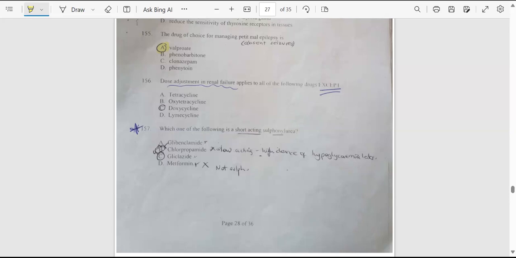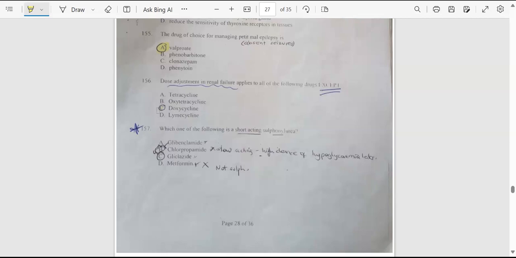I think the other ones are just tetracyclines, if I'm not wrong, so they're excreted renally. So just by elimination, you can come to the conclusion of C.